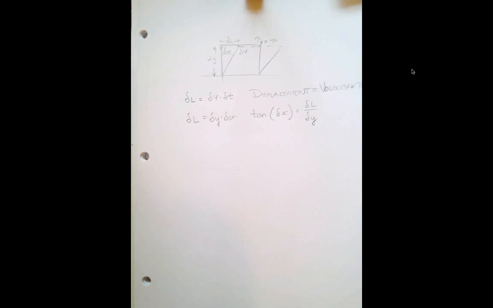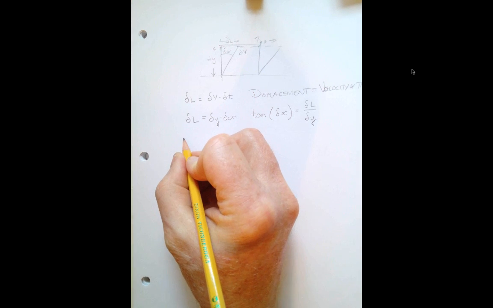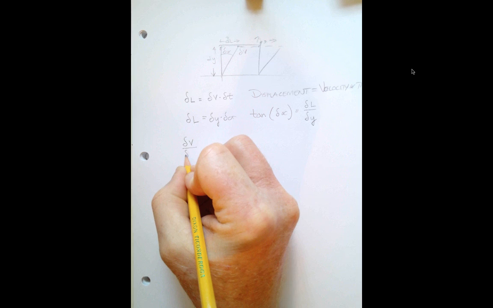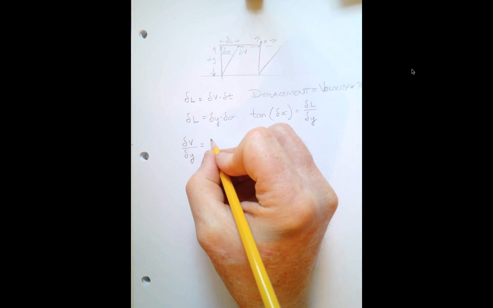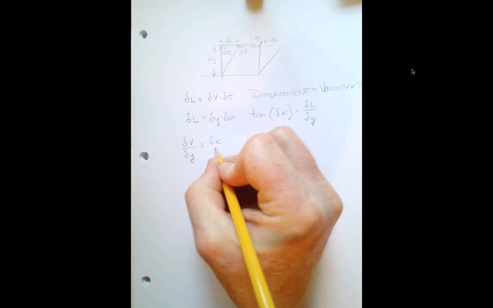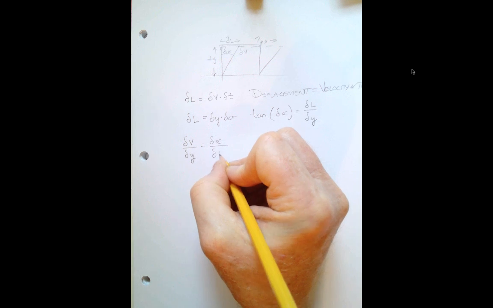And now we can equate these two things. We have the velocity with respect to y is equal to d alpha with respect to time.